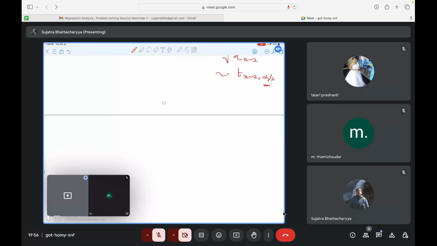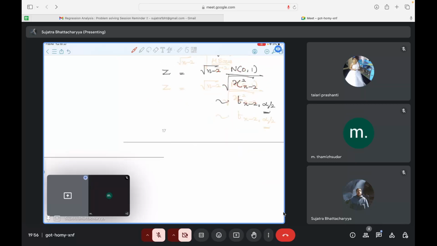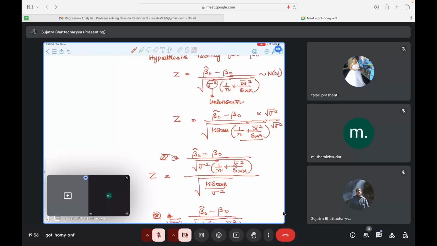Okay. So now, in the same way, the test statistic here is this. The test statistic for beta naught cap is beta naught cap minus beta naught divided by root over MS residual times 1 by n plus x bar square by Sx. Clear?